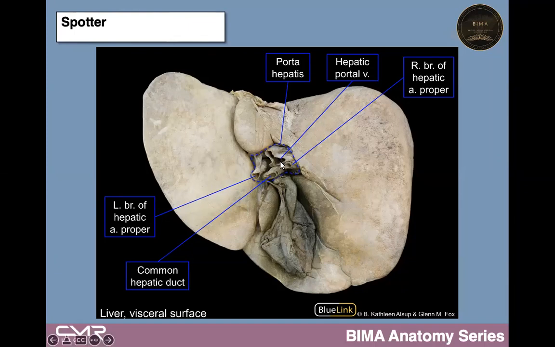Here, or the most inferior aspect of it, you have the common hepatic duct, and furthest on the left, you've got the left branch of the hepatic artery proper, which will then be splitting into all of the individual units, which will be supplying the portal acinus. Really good.